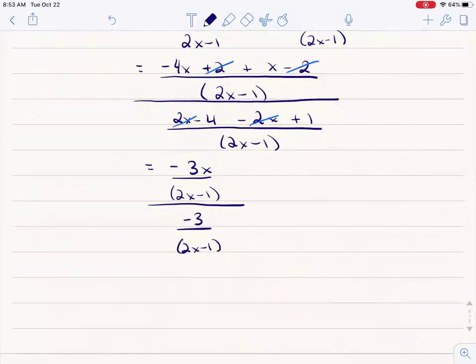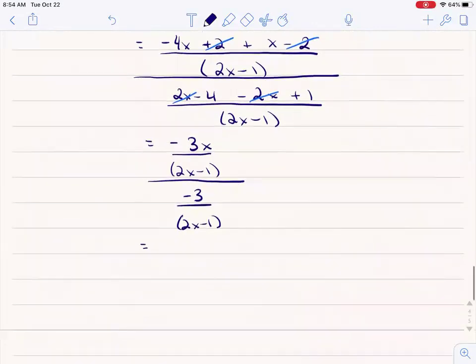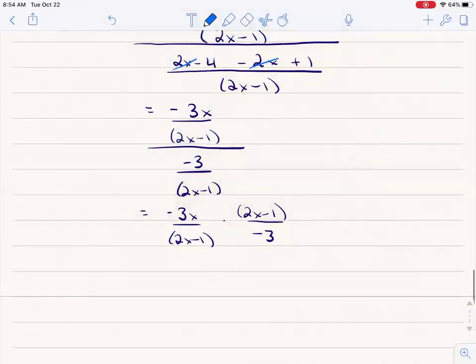All right. We're so close, you guys. Here we go. Fraction over fraction, we flip and multiply. And we do negative 3x over 2x minus 1 times 2x minus 1 over negative 3. 2x minus 1 cancels with 2x minus 1 because we're multiplying.